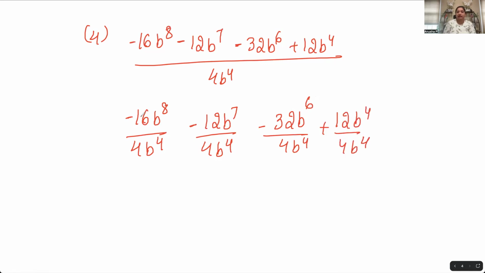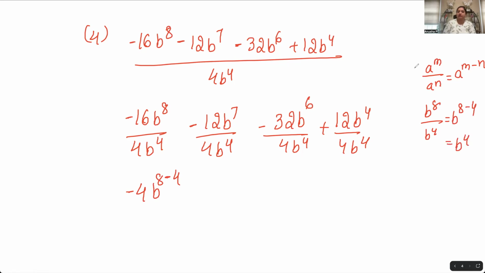Negative 16 divided by 4 is negative 4. b to the power of 8 minus 4, because we have the formula a to the power of m divided by a to the power of n is m minus n. So b to the power of 8 divided by b to the power of 4 is 8 minus 4, which is b to the power of 4. Okay. And negative 12 divided by 4 is negative 3, b to the power of 7 minus 4.